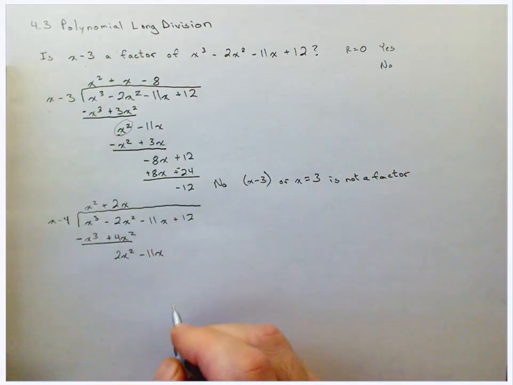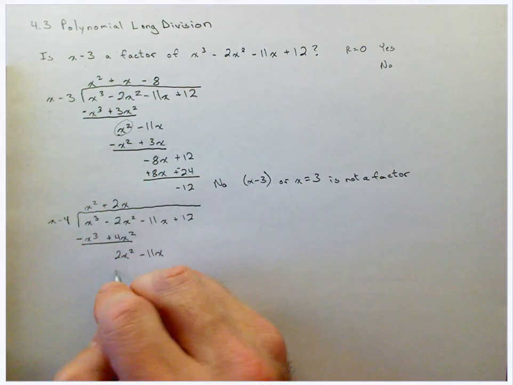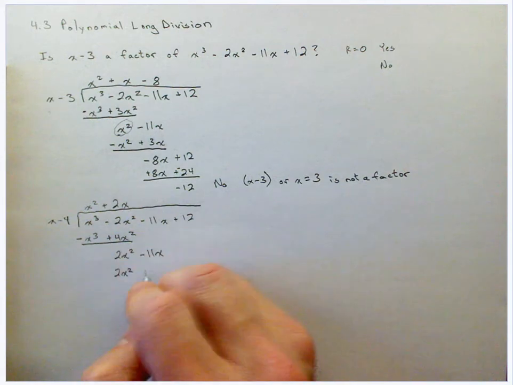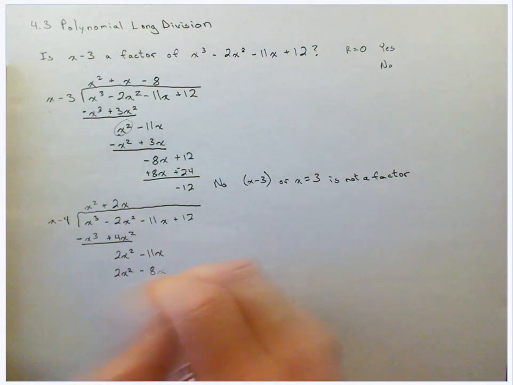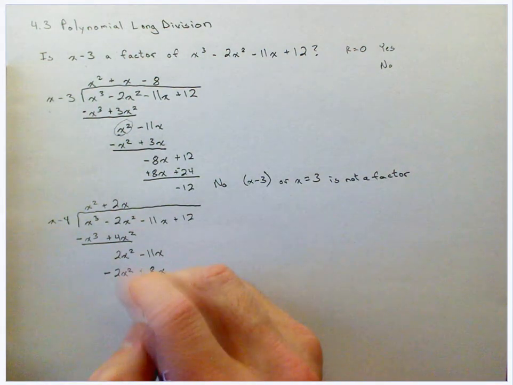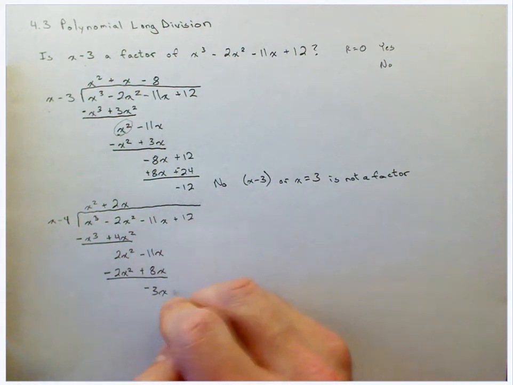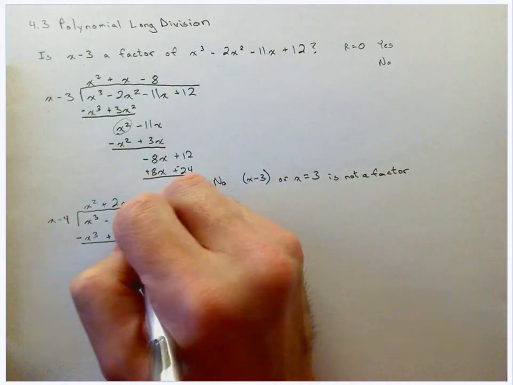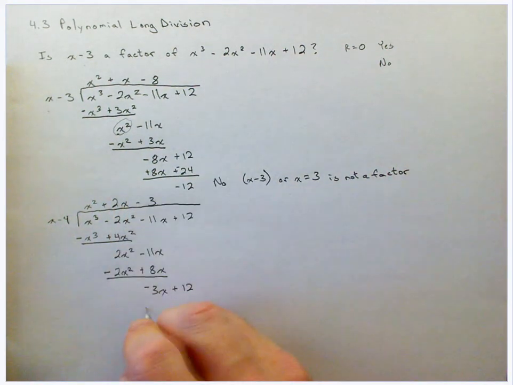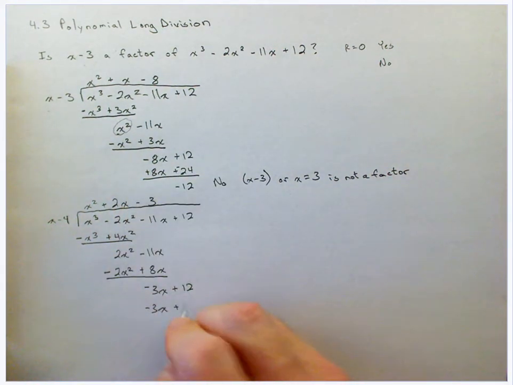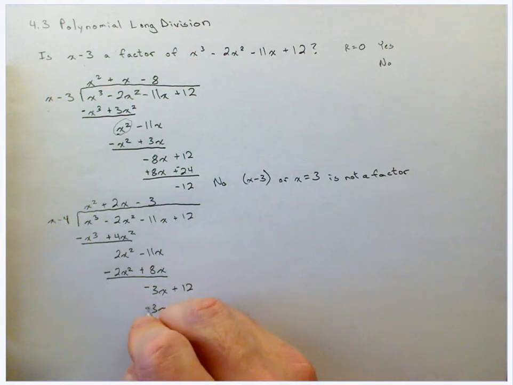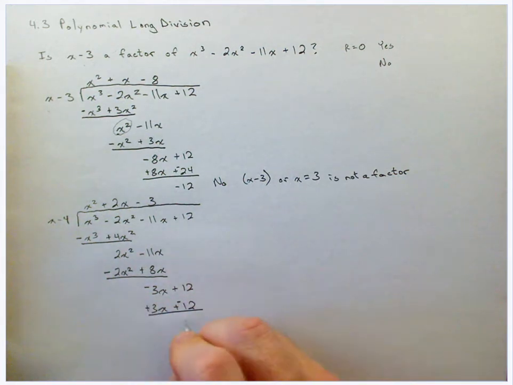That gives me 2x squared minus 8x. Negative 3x, drop my 12 down. So minus 3, minus 3x plus 12. That becomes plus, that becomes minus. I end up with 0.